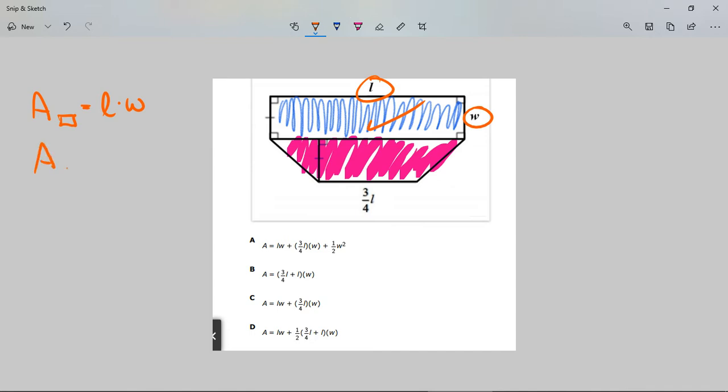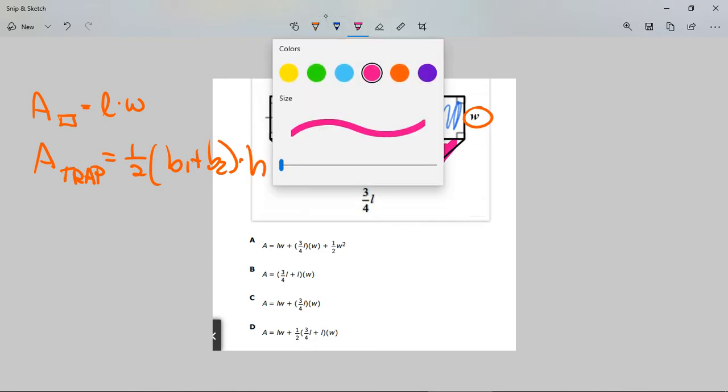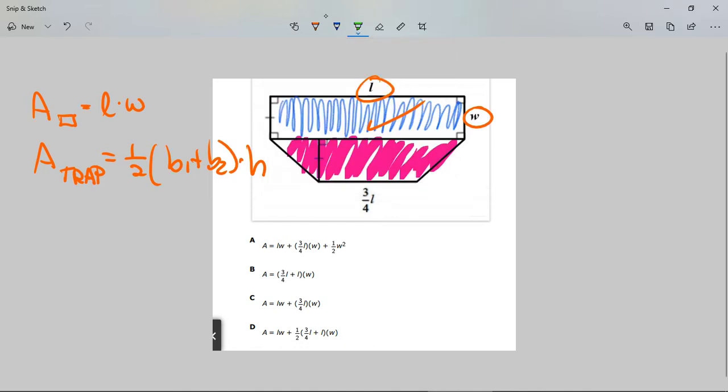Okay, what's the area of a trapezoid? It is 1/2. You add the two bases, the top and the bottom, and you multiply it times the height. Well, here, what is the top base? This. What is that equal to? Right?